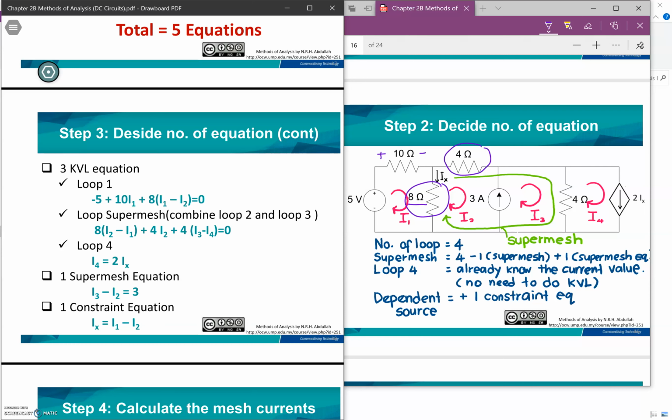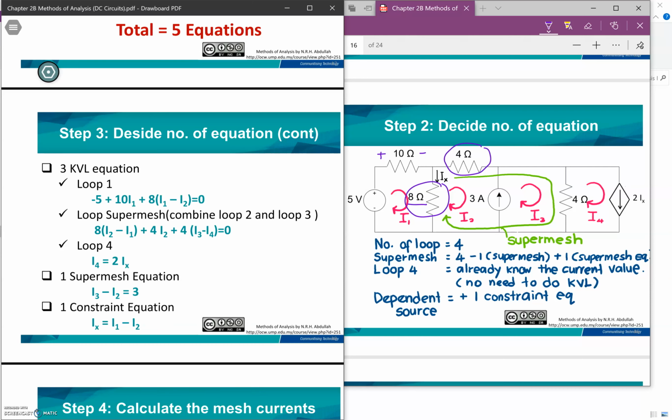Therefore, combine the voltage at the 4 ohm, which is at loop 3, where the dominant is I3. Therefore, I3 will be subtracted by the other current that shares the 4 ohm.